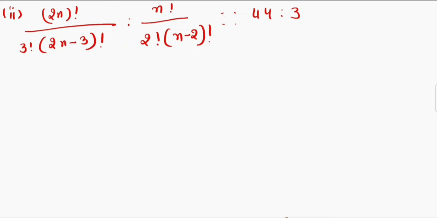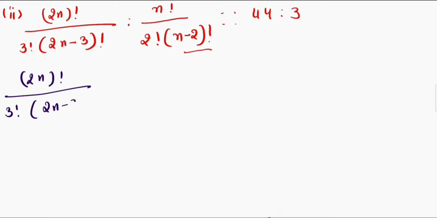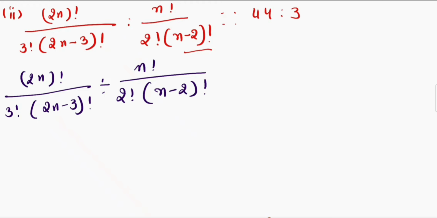The second question: here we have (2n factorial divided by 3 factorial times (2n minus 3) factorial) ratio (n factorial divided by 2 factorial times (n minus 2) factorial) is 44 ratio 3. So here we can write this as 2n factorial divided by 3 factorial times (2n minus 3) factorial, divided by n factorial divided by 2 factorial times (n minus 2) factorial, is equal to 44 divided by 3.